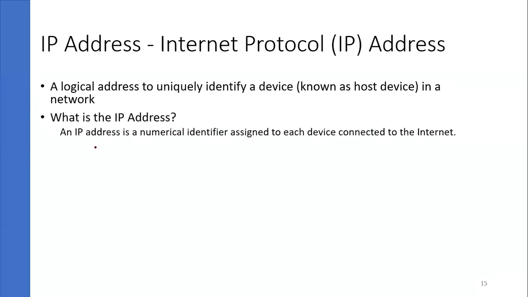What is an IP address? An IP address is a numerical identifier assigned to each device connected to the internet. Now, I have told you it's uniquely identified, and this sentence is mentioning it's a unique number.